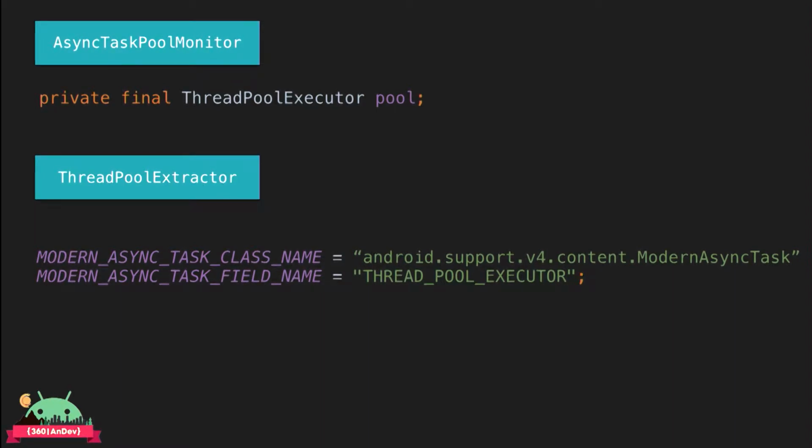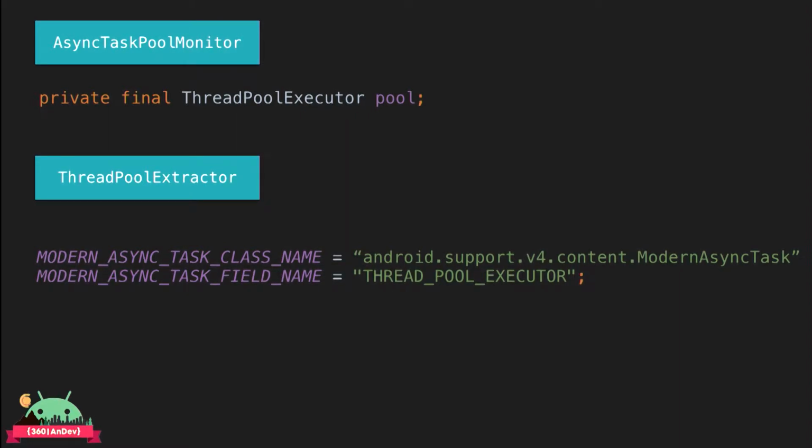So the idea is that I have one queue that I want to check if something is happening, because if nothing is happening, my queue is idle, and I can do an interaction. We have a ThreadPoolExecutor that by reflection is trying to get all the async tasks, or in that case, modern async tasks, pending in the queue. We are going to see later more about this class.